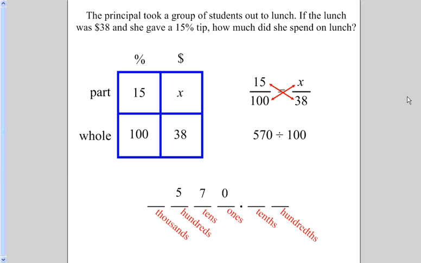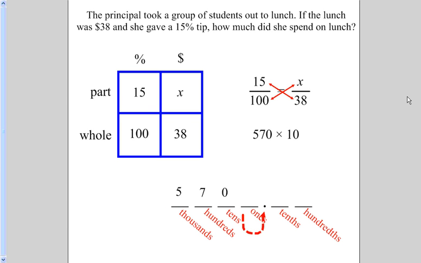And so what we're going to do is write down the place value system, our number system, down below 570. So we have 5 hundreds, 7 tens, and 0 ones. Now, just to kind of explore this a little bit, if we were going to multiply by 10, we would be moving the decimal one place over to the right.